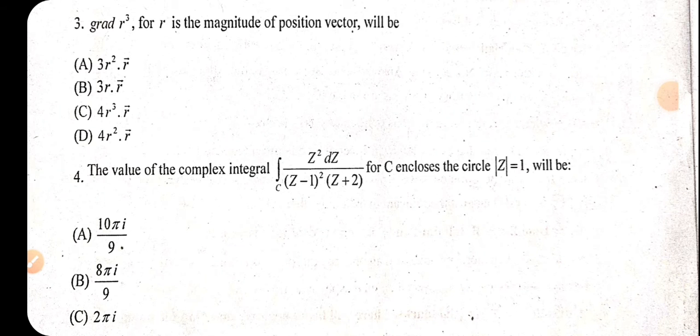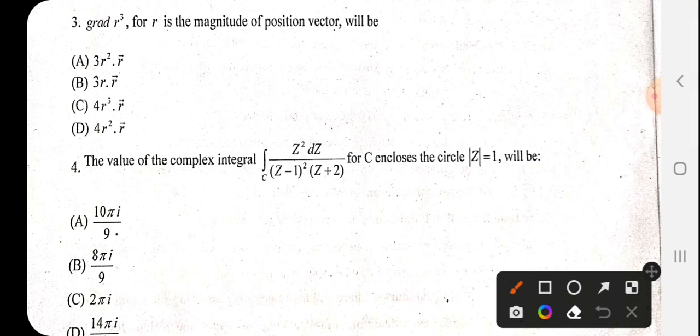Now come to question number 3: the gradient of r cube, for r the magnitude of the position vector, will be dash. This is also a direct question. Remember the formula for the gradient of any quantity: gradient of r to the power n is n r to the power n minus 2 into r vector.